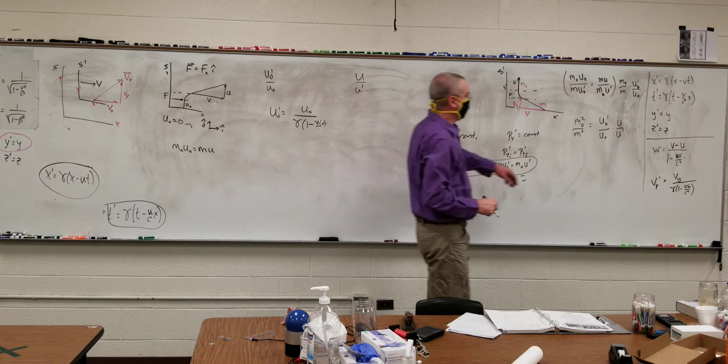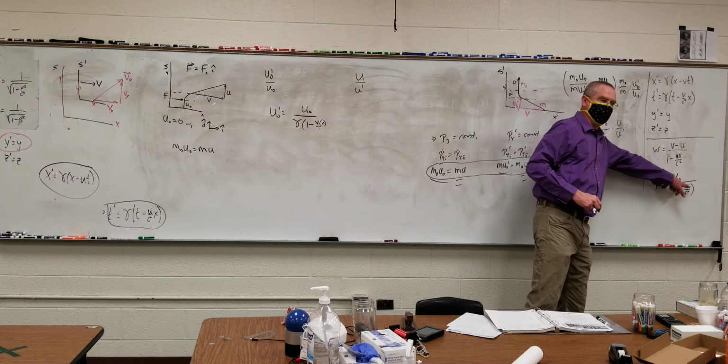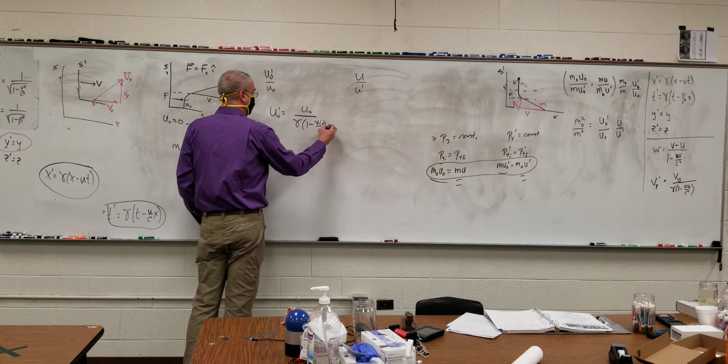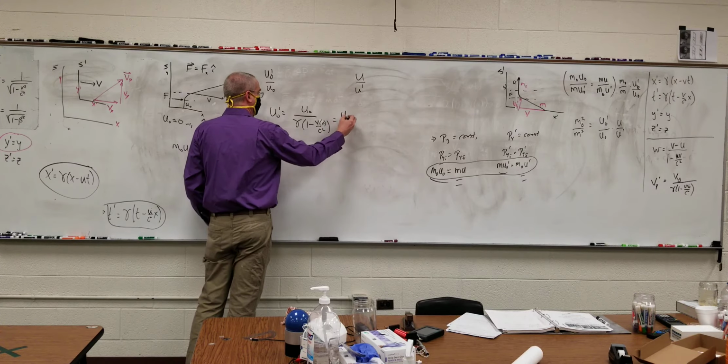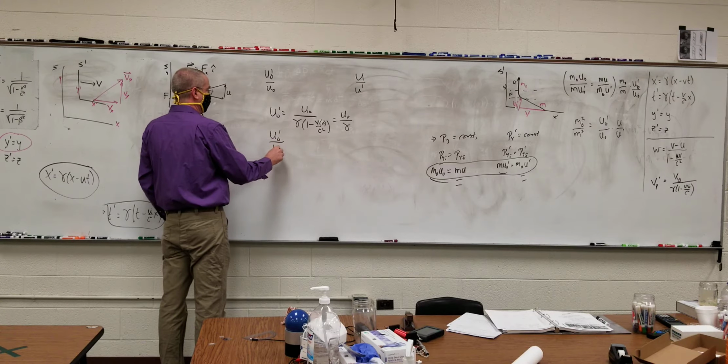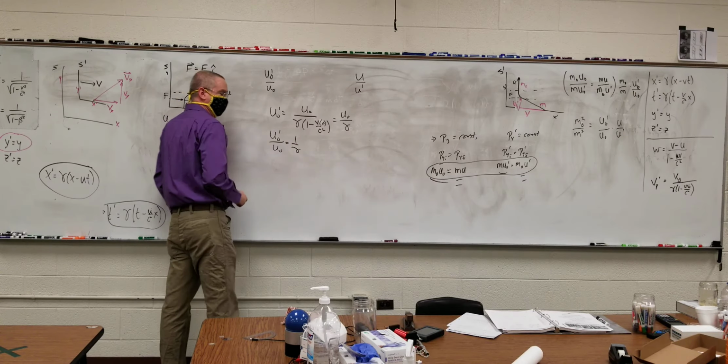This v sub x was how fast the particle is moving relative to the non-prime frame, which was 0, over c squared. So this is u naught over gamma. Therefore, u naught prime over u naught is 1 over gamma.